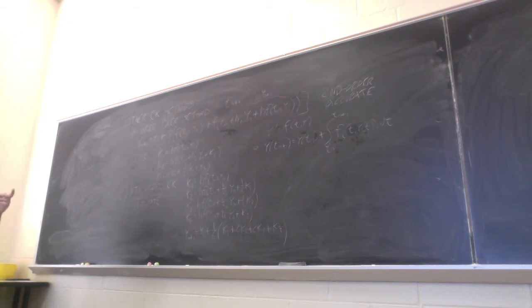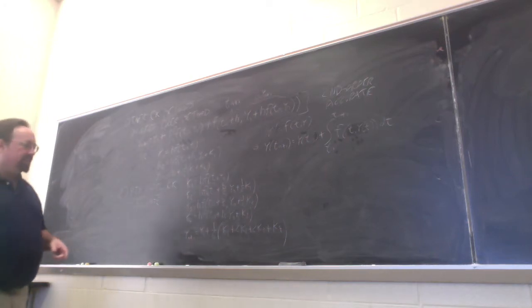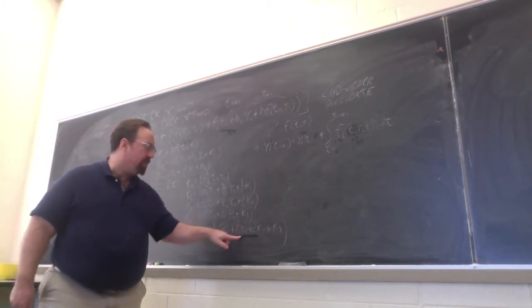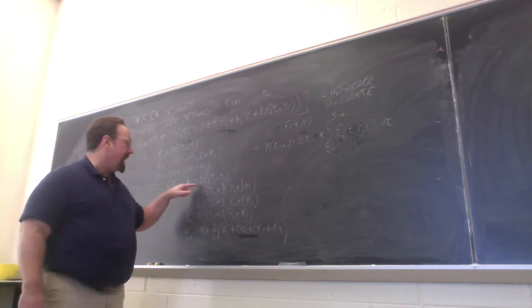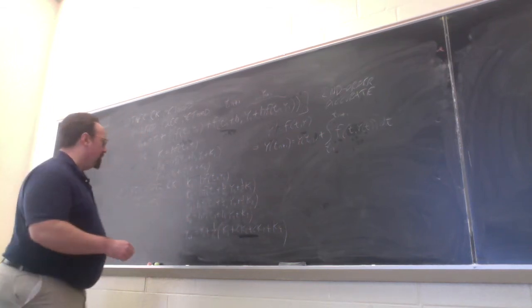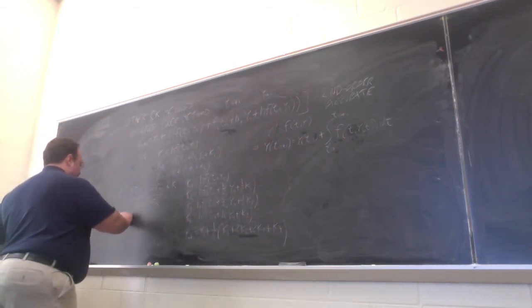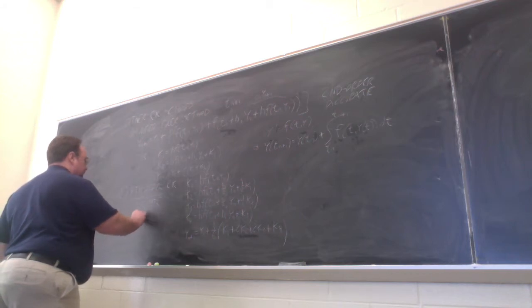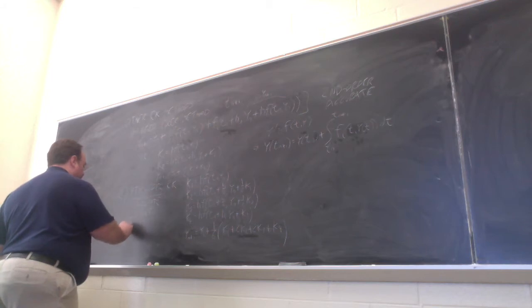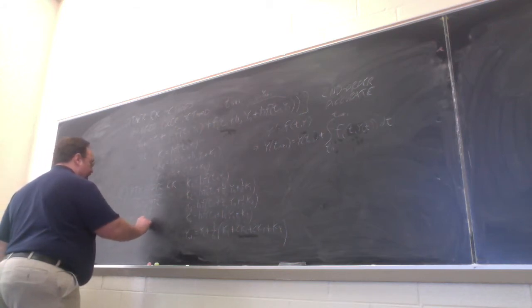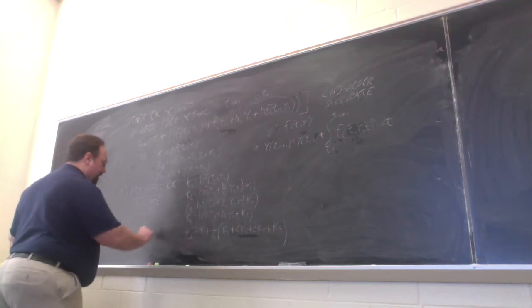What integration rule does this kind of look like? Yes, it is Simpson's rule, because if you lump these two together, all of this is happening at the midpoint. Because remember, Simpson's rule says that the integral of f is approximately b minus a over 6, so that's the 1/6 there.